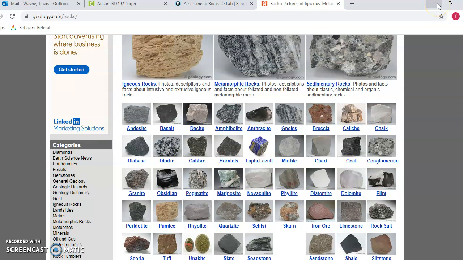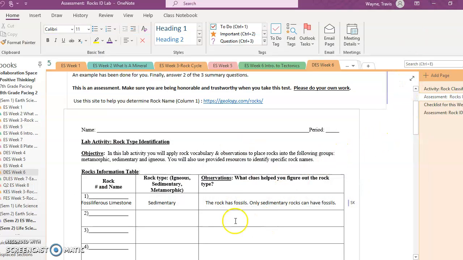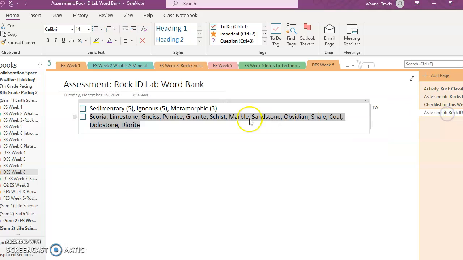Now to make your lives a little easier, I went a little further on your OneNote here, and at the bottom where it says Assessment Rock ID Lab, I gave you a word bank of the different rock names that you're going to be using. So for example, number 1 was limestone. We got number 1 done, so we can cross that one out.